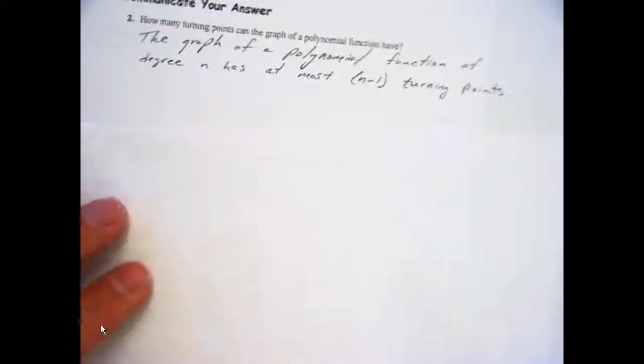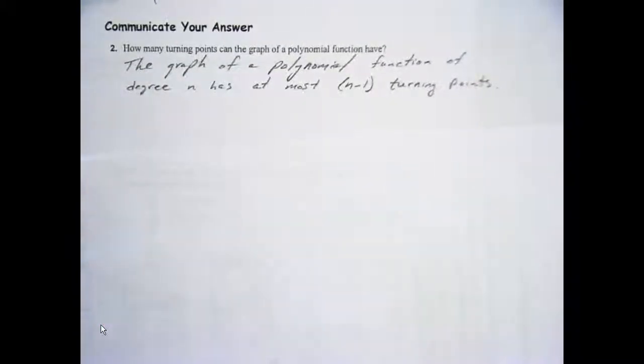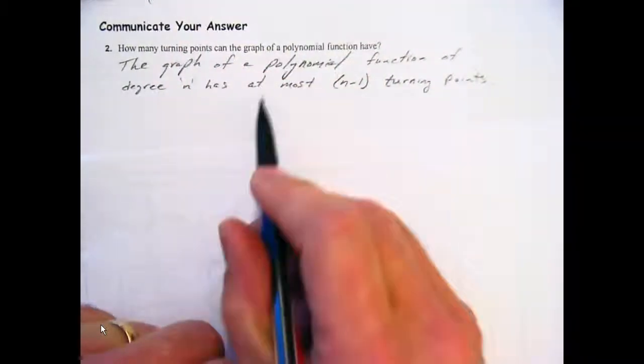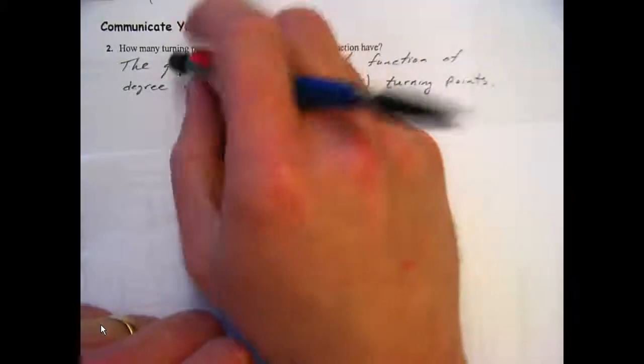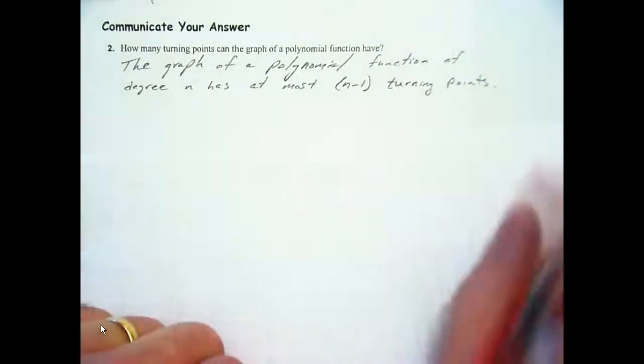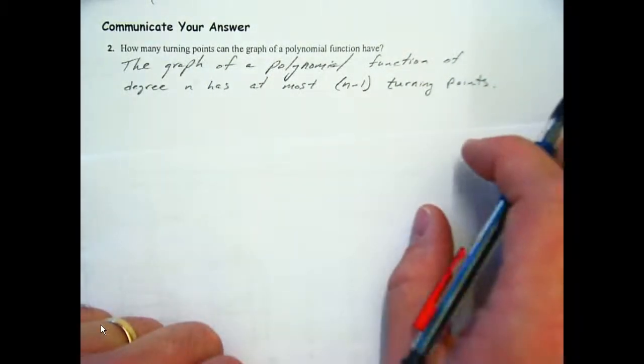So the number of turning points is at most, for the graph of a polynomial function of degree n. So if we say our function is to the nth degree, it has at most n minus 1 turning points. In other words, if you take the degree and subtract 1, that's the most turning points it could have. It can't have any more than that.